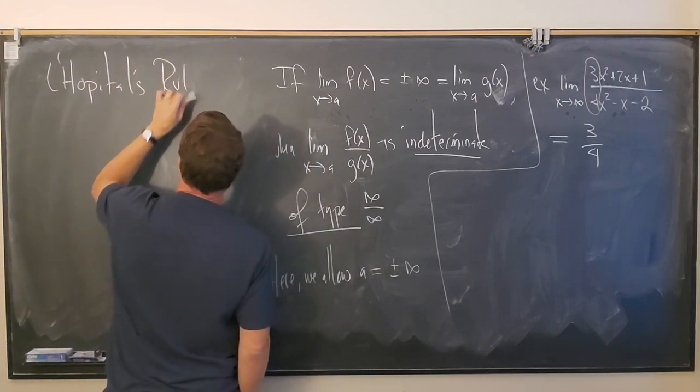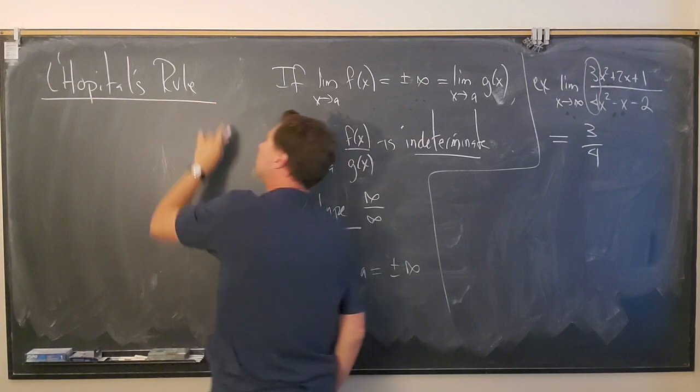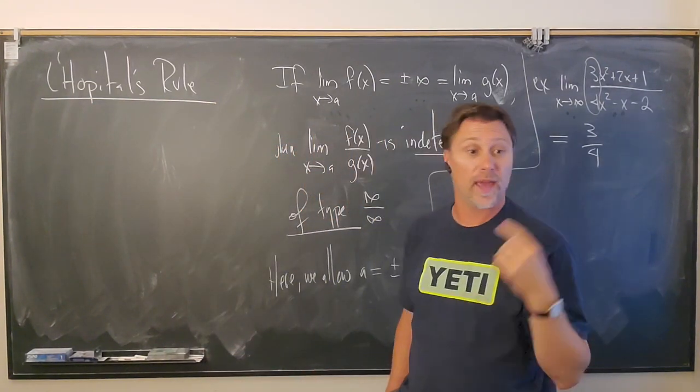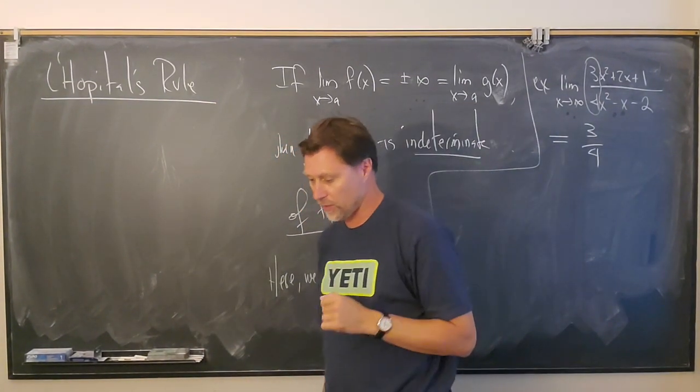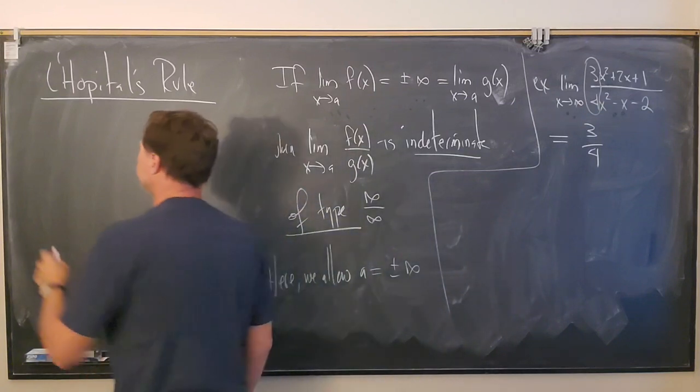And L'Hopital's rule gives us a way to deal with indeterminate forms if we have 0 over 0 or infinity over infinity. So it goes like this.